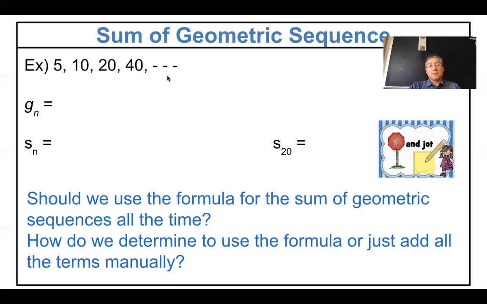Quickly. But if you have 10 terms, you might still be tempted to just add all the 10 terms. But 20 terms or 100 terms, you don't want to do it that way, right? What should you do? You should use the formula.